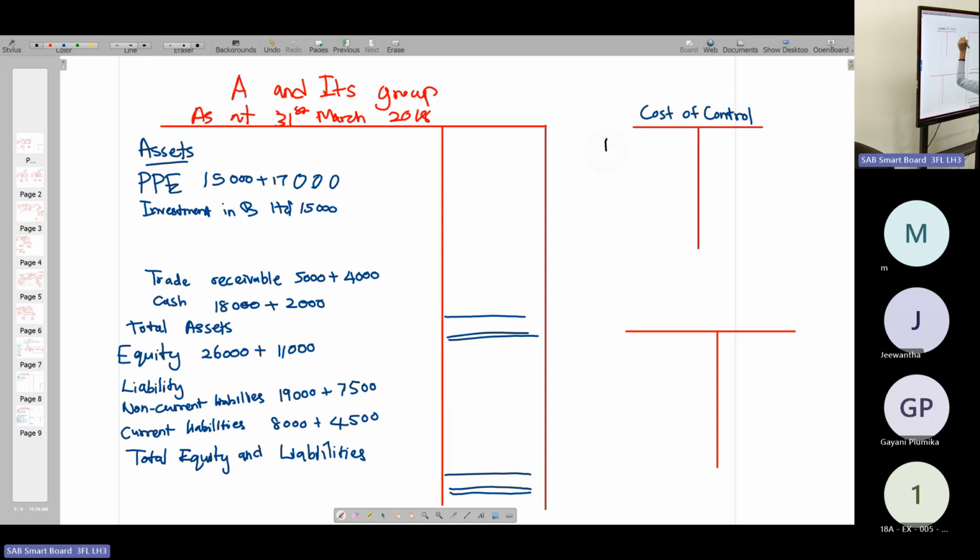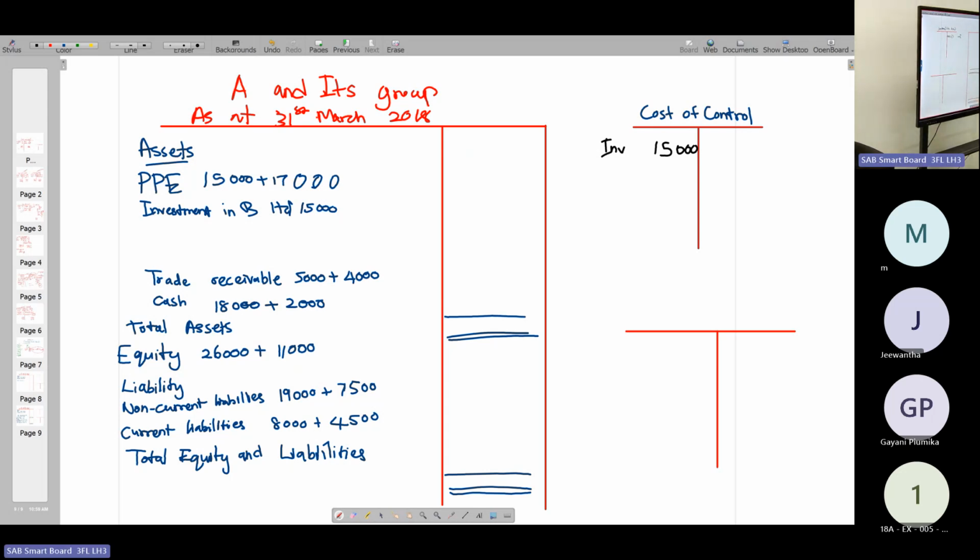What is the first entry? Cost of control, debit 15,000.